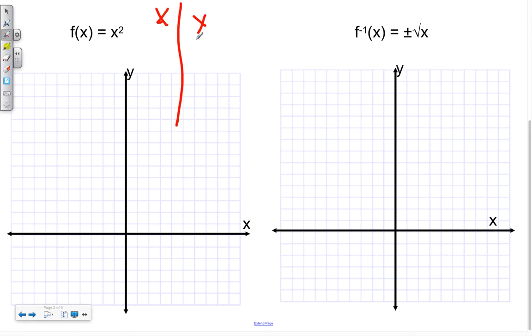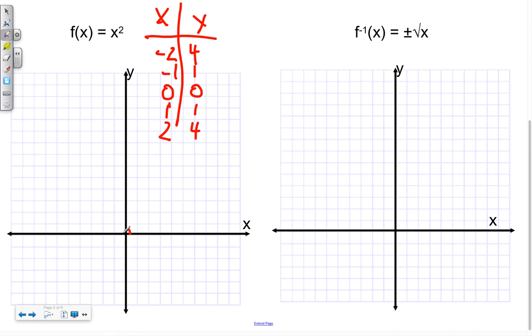We know that when I plug in some values here, I can plug in some positive and some negative. Sorry, my handwriting is a little messy with this. So plug in x, and we get 1 squared is 1, 2 squared is 4, and we get the same for the negatives, because when you square a negative and a positive, you still get a positive.